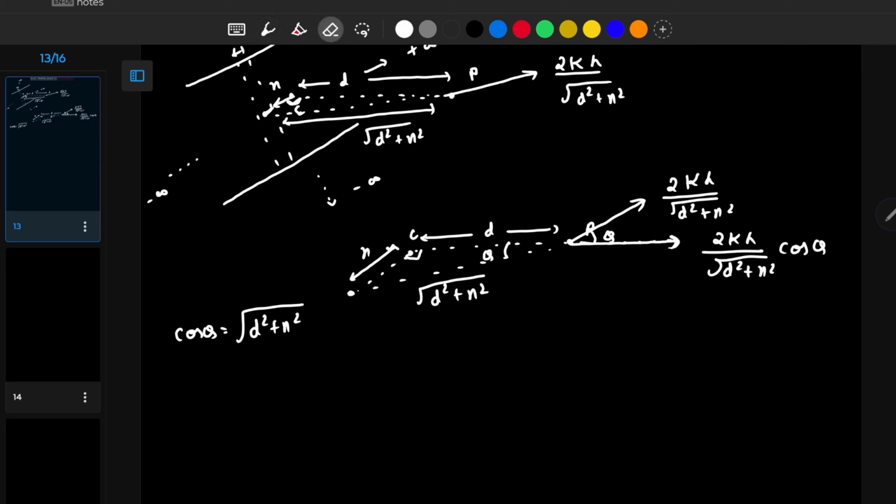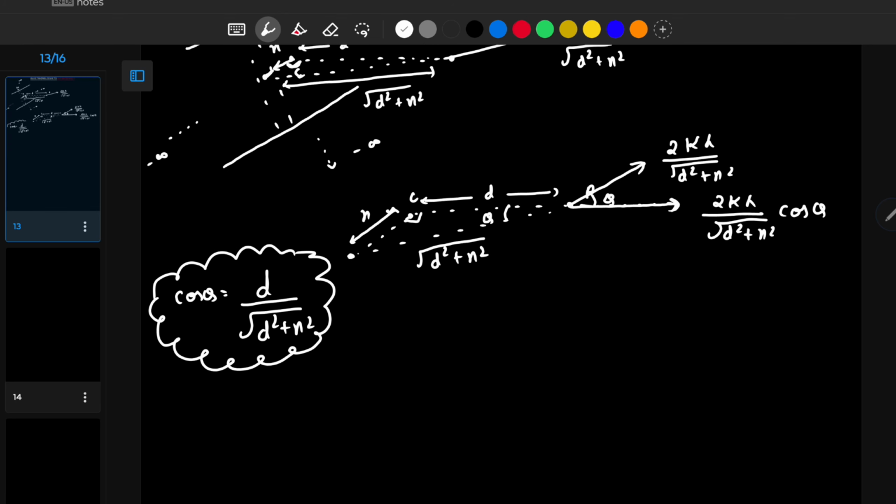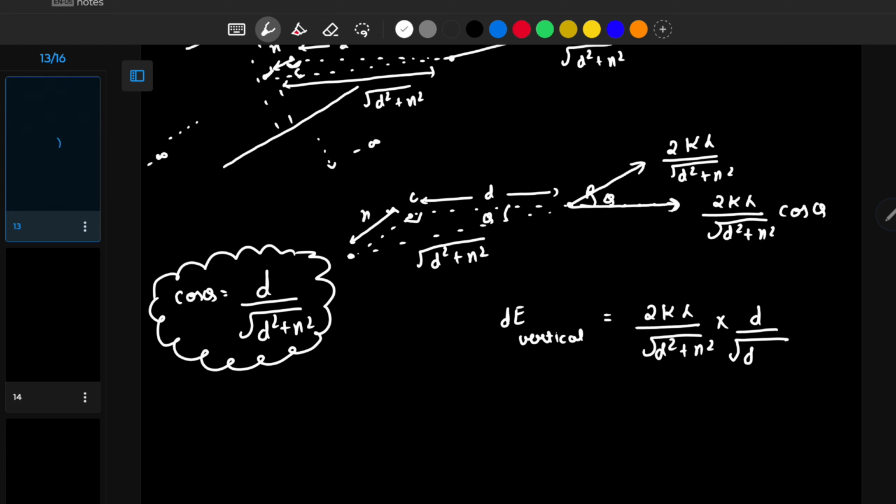So if we write the small electric field dE in the vertical direction, it would be 2kλ over root of d square plus x square, into d over root of d square plus x square.